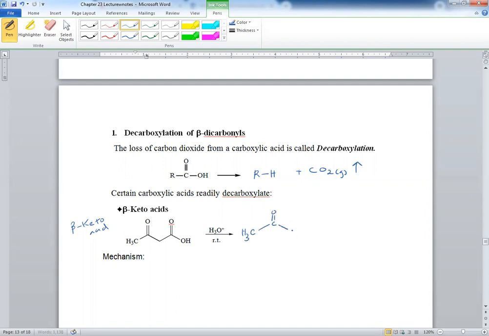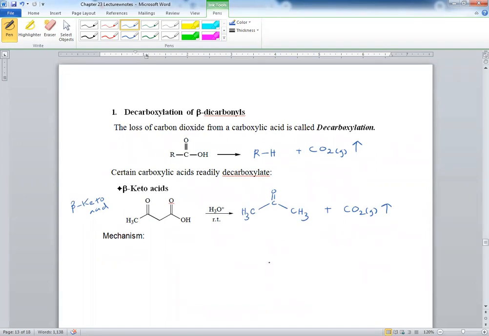So it's a useful reaction because we can actually form a ketone. Very well. So this is acetoacetic acid, as we said before.